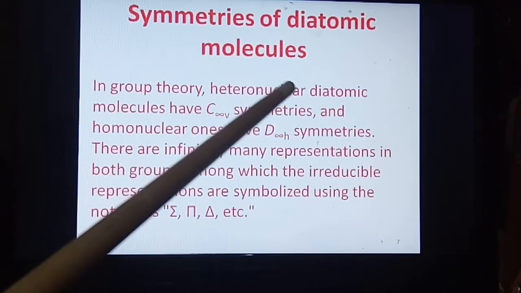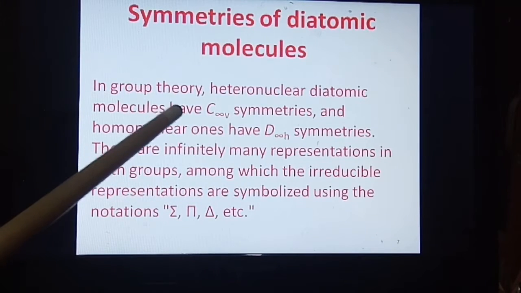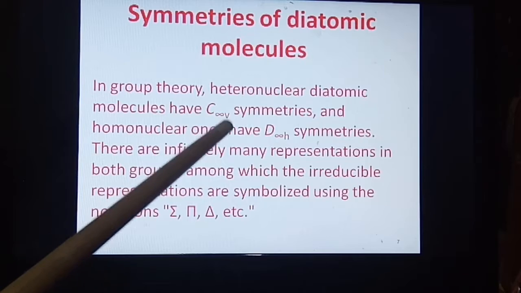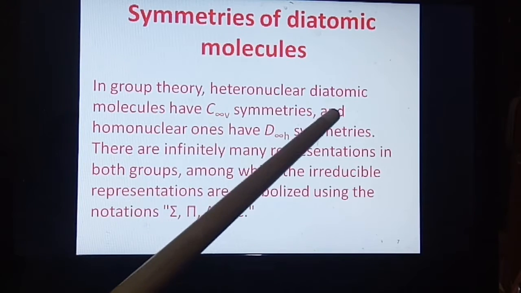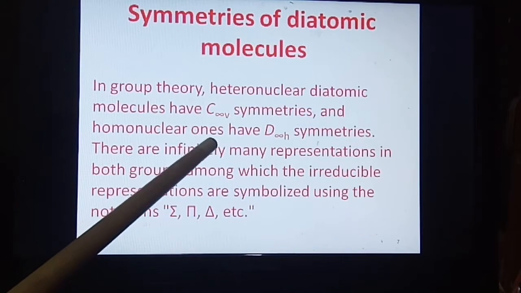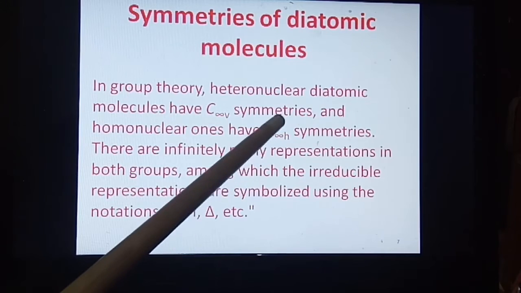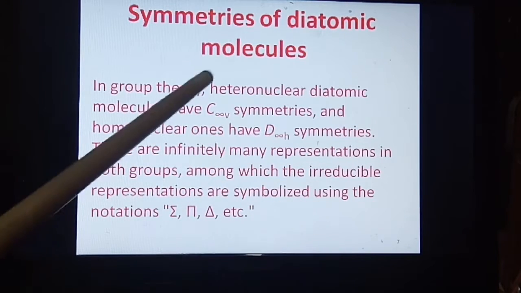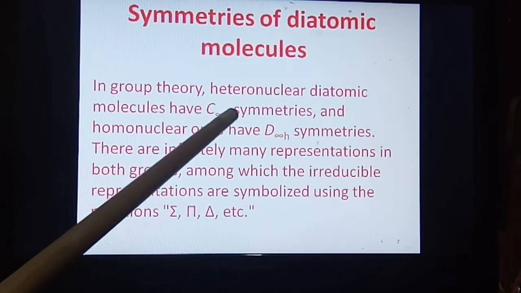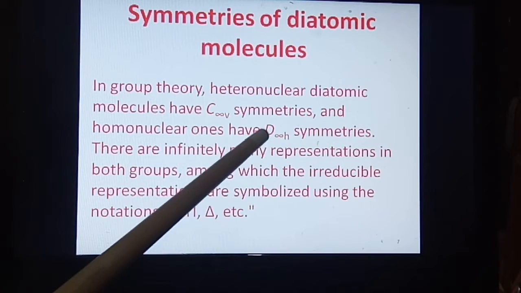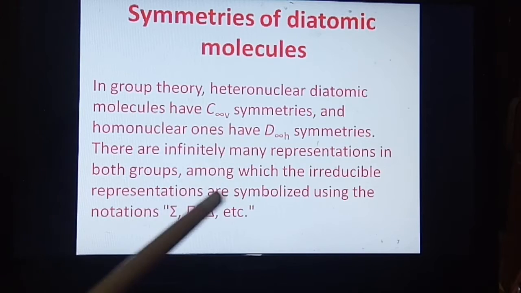In group theory, heteronuclear diatomic molecules have C infinity v symmetry and homonuclear ones have D infinity h symmetry. These are the point groups: C infinity v for heteronuclear, and D infinity h for homonuclear.